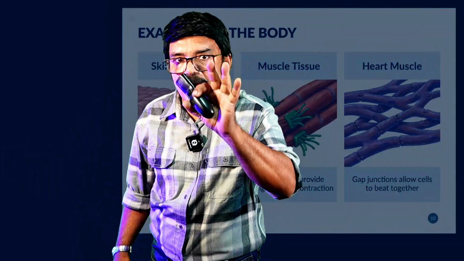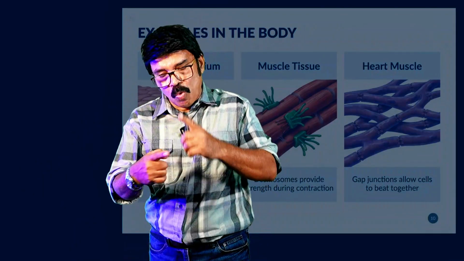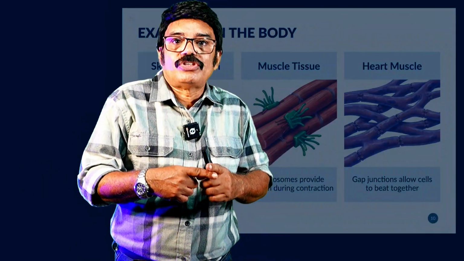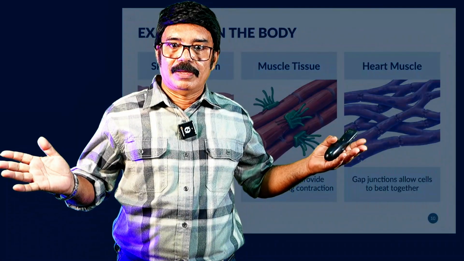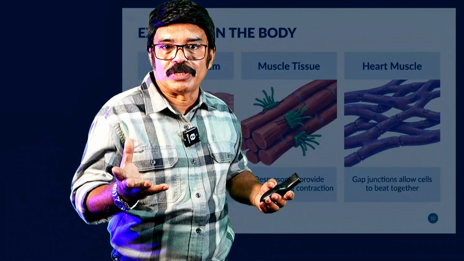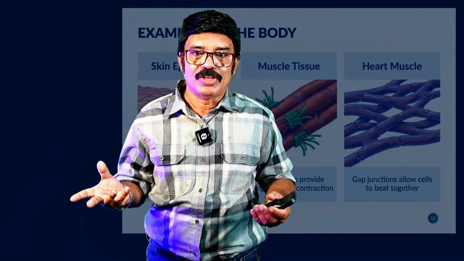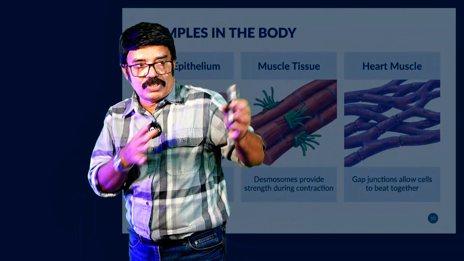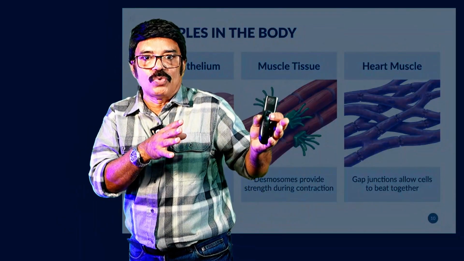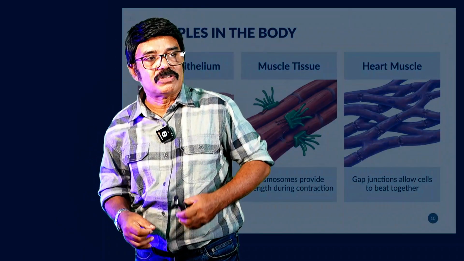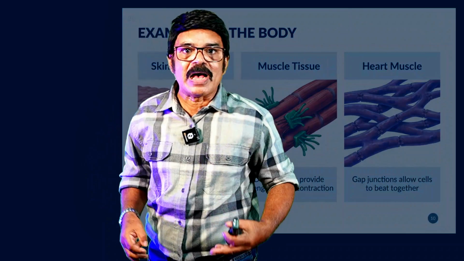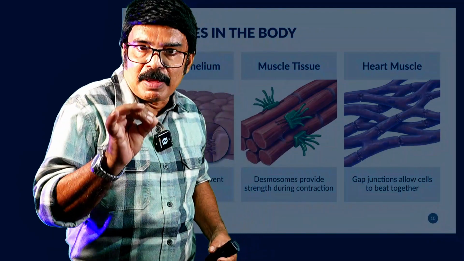For that, you have to do two things. Number one, you should see the big picture, answering the why question, why this happens in biology. If you see why this happens, going to the big picture without just trying to learn things by heart, then you will remember the facts in a good way.